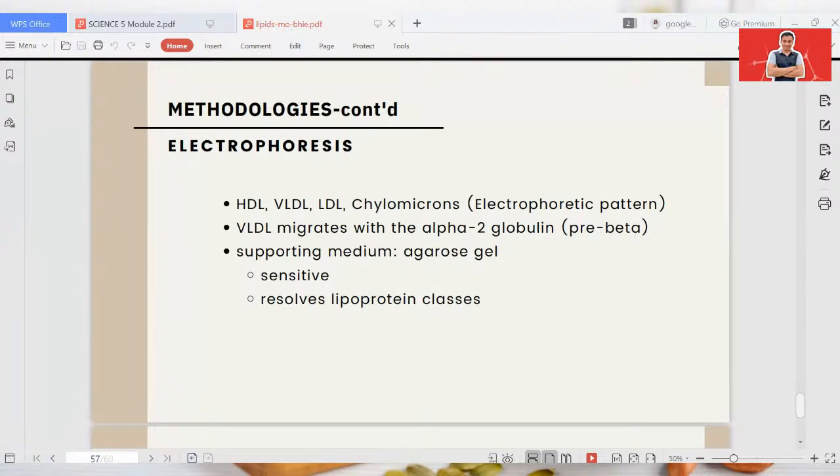Ito yung mga electrophoretic pattern natin, and VLDL migrates with the alpha-2 globulin or pre-beta. Agarose gel is the most common medium for separation of intact lipoproteins, providing a clear background and convenience in use.